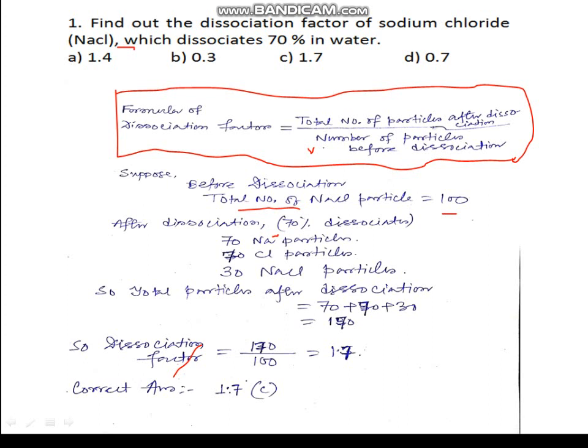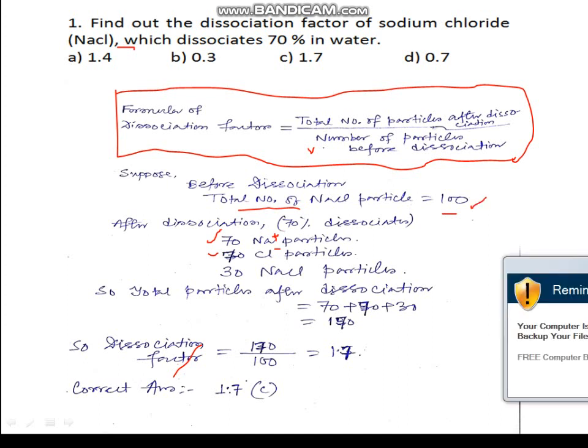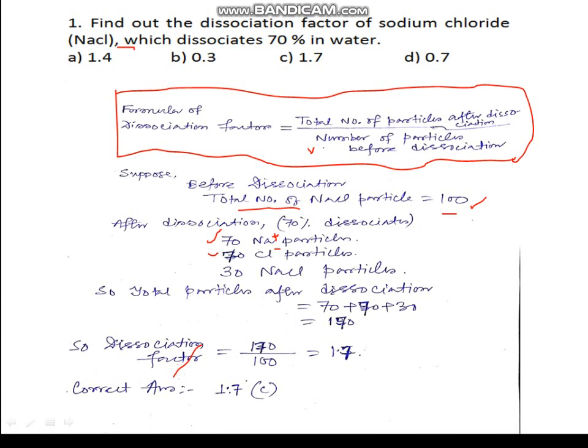So 70% dissociates, that means 70 particles of Na plus and 70 particles of Cl minus, and total there was 100 particles, so after 70% dissociation, 30 sodium chloride particles will remain intact. So total number of particles after dissociation is 70 plus 70 plus 30 sodium chloride. So total is 170.